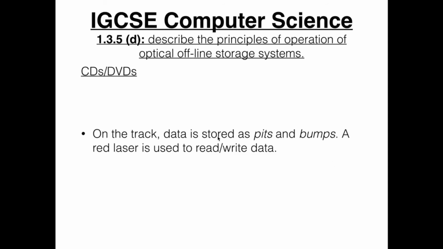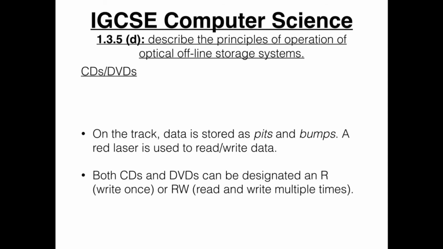On the track, data is stored as pits and bumps. A red laser is used to read and write data. Both CDs and DVDs can be designated R for write once, or RW for read and write multiple times.